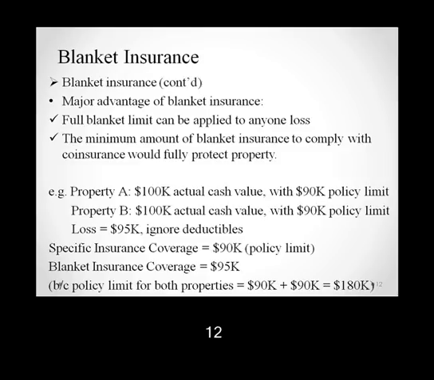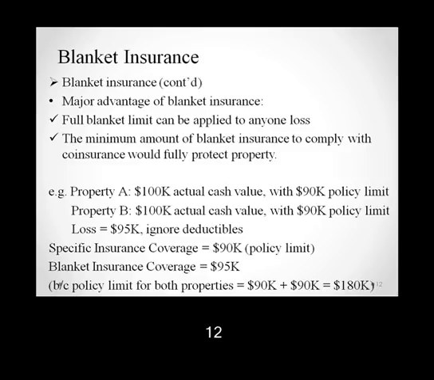How much will you be compensated under specific insurance coverage? Well, since the policy limit of each of your properties is $90,000, if only one property has a loss, then that specific policy limit, which is $90,000, will apply to that property. Therefore, you can only get $90,000 as compensation for the loss of one property.